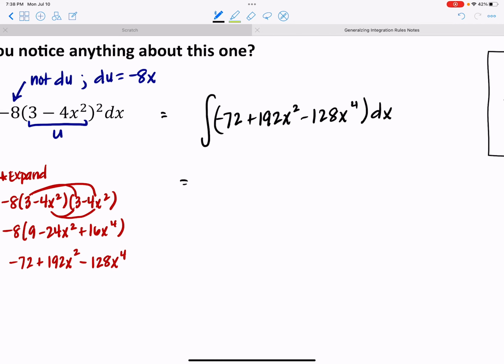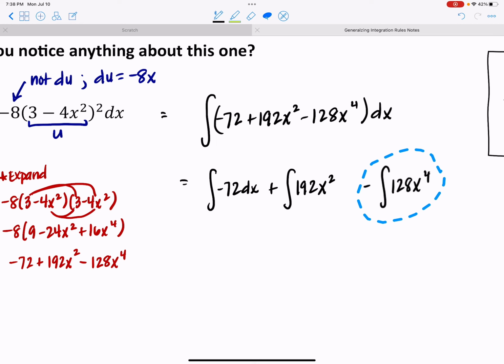So this is the same as the integral of negative 72 plus the integral of 192x squared minus the integral of 128x to the fourth. Oops. Don't mind me while I fix my work here. I forgot my dx. There we go.